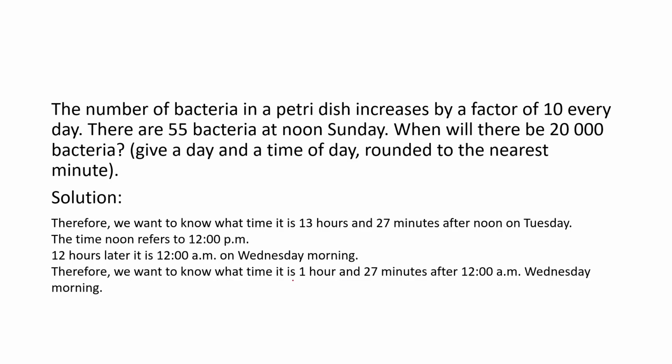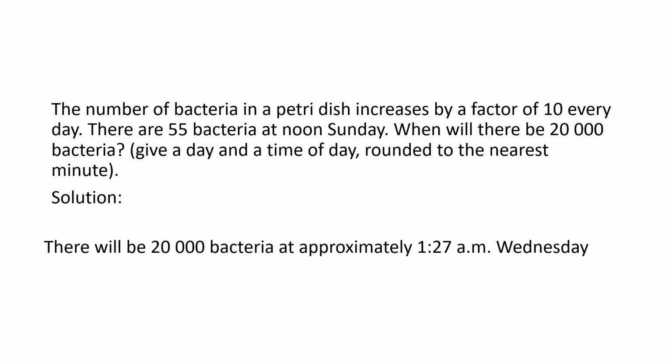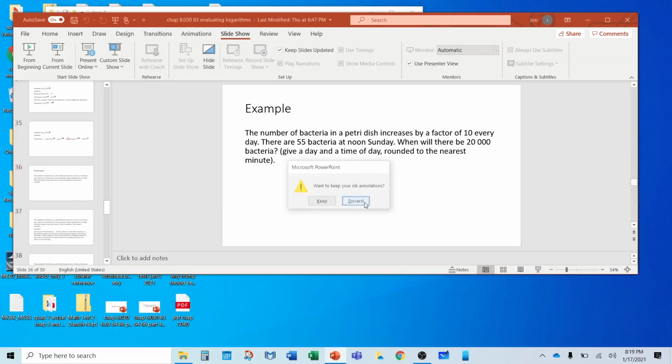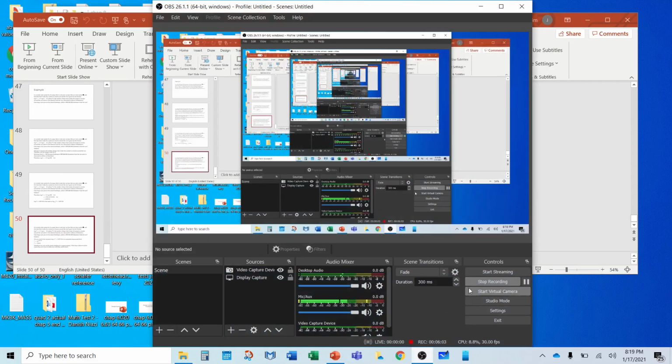So we really want to know what time is 1 hour 27 minutes after midnight Wednesday morning, and that is 1:27 a.m. on Wednesday. So that, rounded to the nearest minute, is when we will have 20,000 bacteria. And we'll do that other question in a later video.